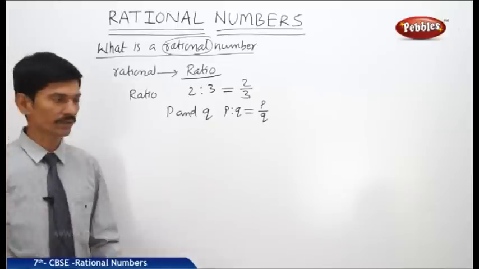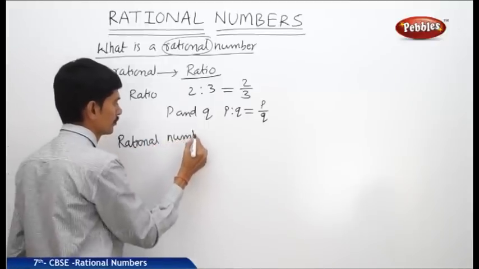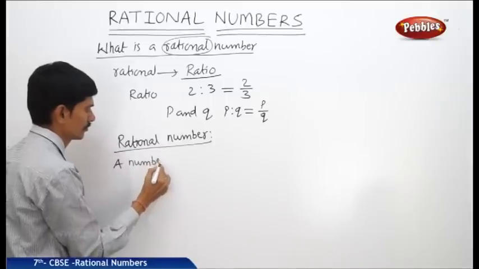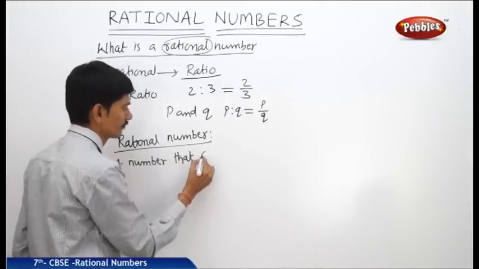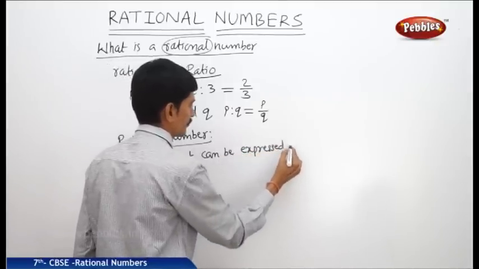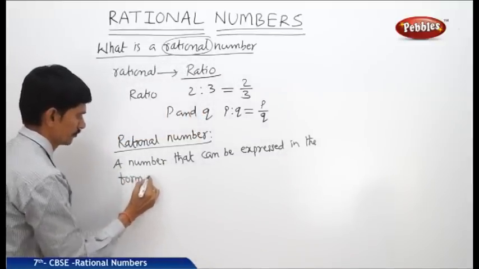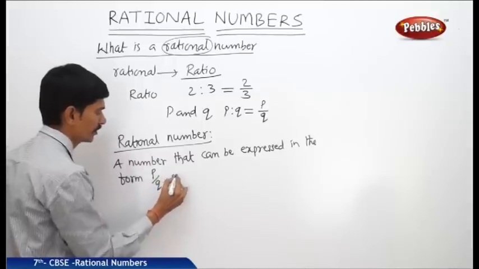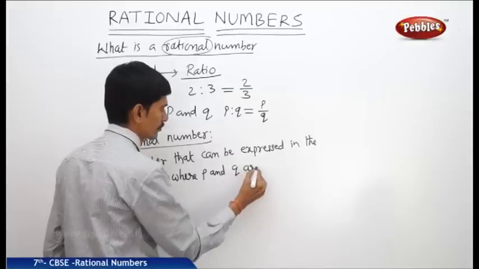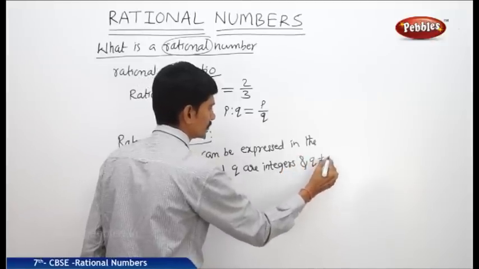Now let us define a rational number. A number that can be expressed in the form P/Q, where P and Q are integers and Q is not equal to 0.